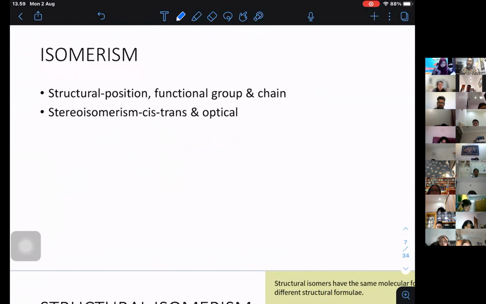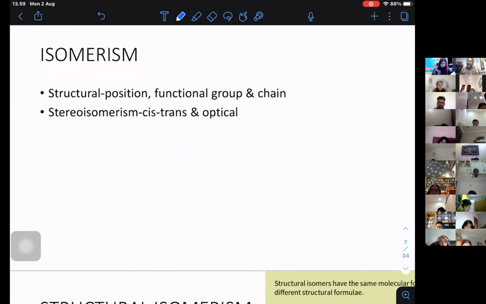The next type of isomerism, still under structural isomerism, is known as functional group isomerism. This one I can just show you related to carbonyl compounds, propanal and propanone. This is propanal. Propanone, 3 carbons, this one. If I simply find out the molecular formula of this, the molecular formula is C3. How many hydrogens? There are 5 hydrogens here and 1 more hydrogen, so it's going to be 6, and 1 O. So if you look here, 3 carbons, 1, 2, 3, 4, 5, 6, C3H6O.